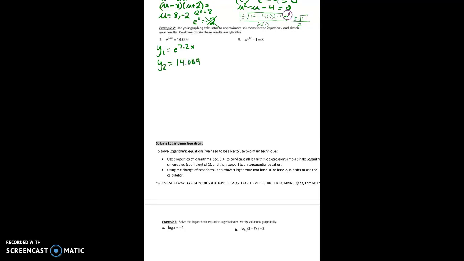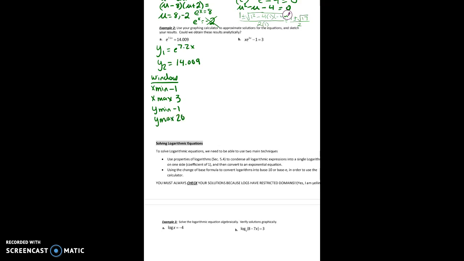Now it's really important that our window is appropriate. So your window, when you go to graph this, you're going to have an x min of -1, x max of 3, a y min of -1, and a y max of 20.